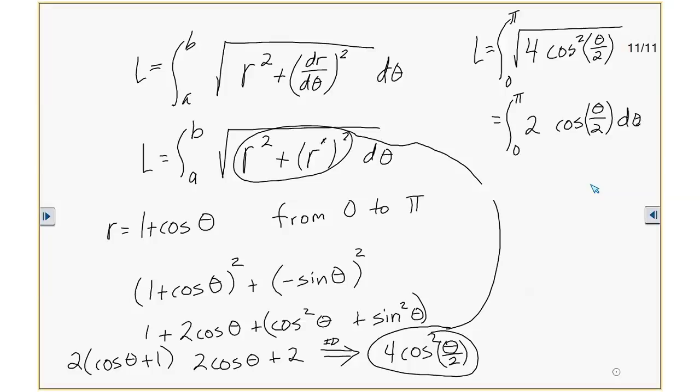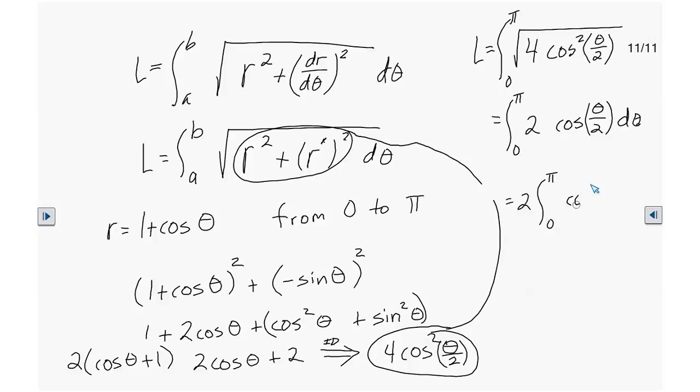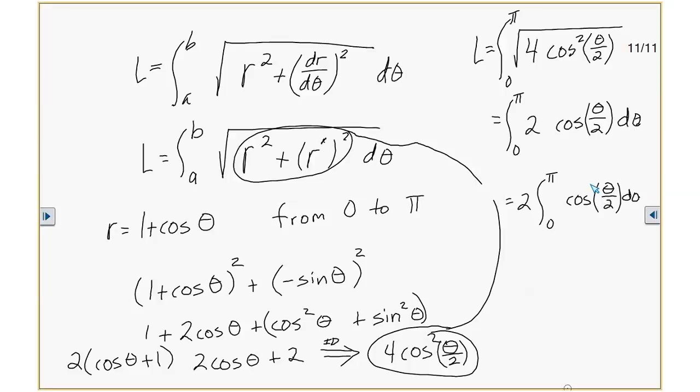And now you just pull out the 2. Take the antiderivative.